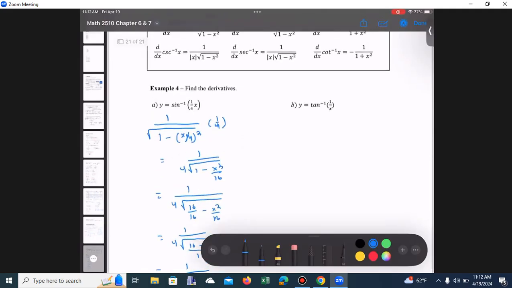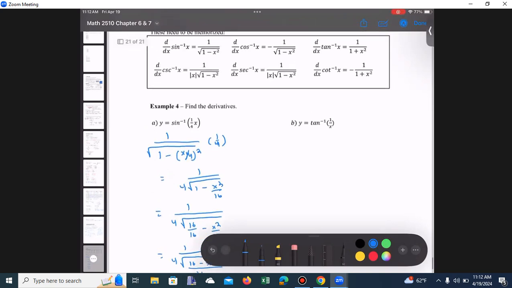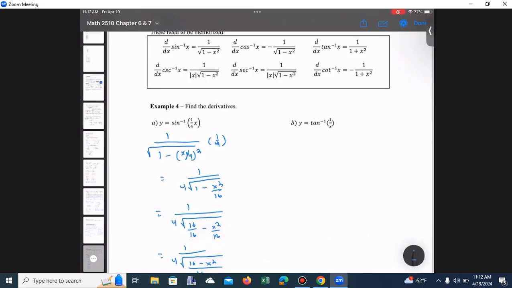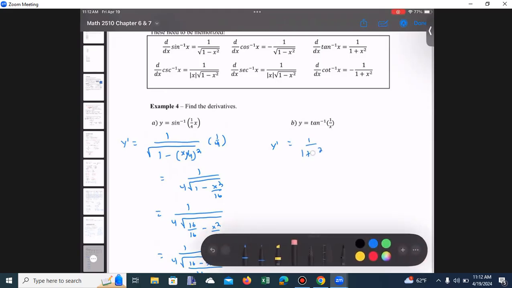Tangent, very similar. We'll use the inverse tangent formula here. So y prime would be 1 over 1 plus x squared, but x is 1 over x, so 1 over x squared. Then we're multiplying this by the derivative of 1 over x, which is negative 1 over x squared.